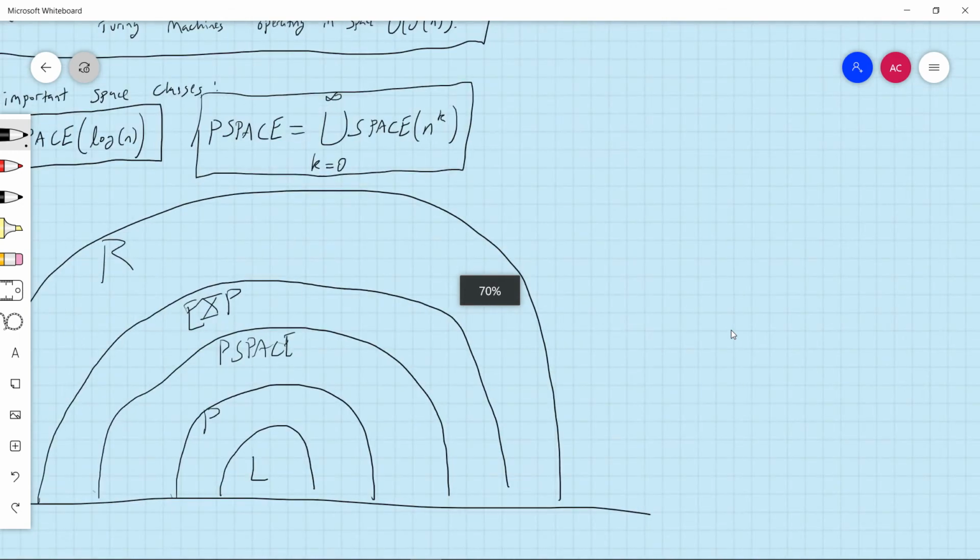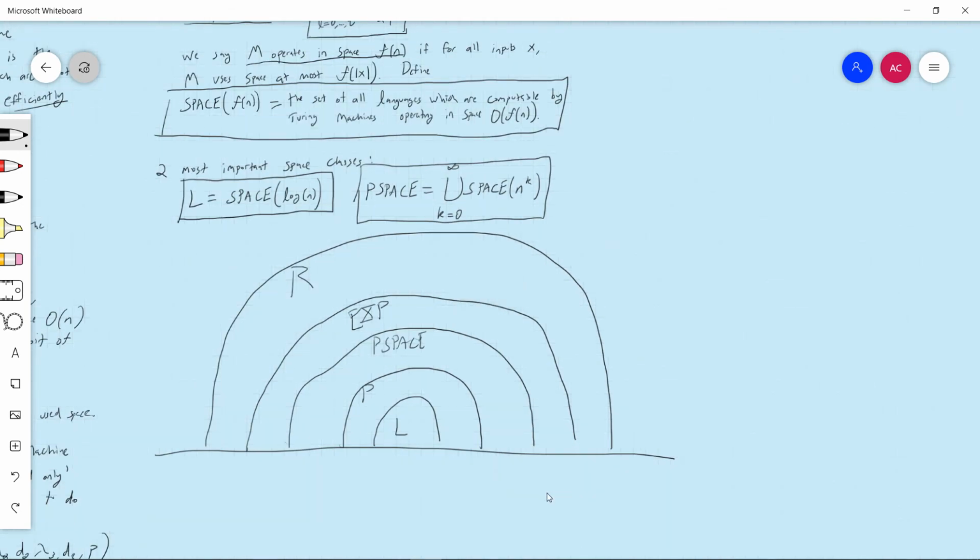There's a few more important classes to define, actually. I should probably define NP. NP is going to end up right here. And then there's also going to be co-NP, which is pretty important in its own right. And this is kind of the central family.